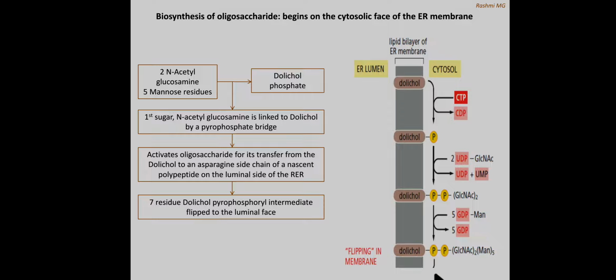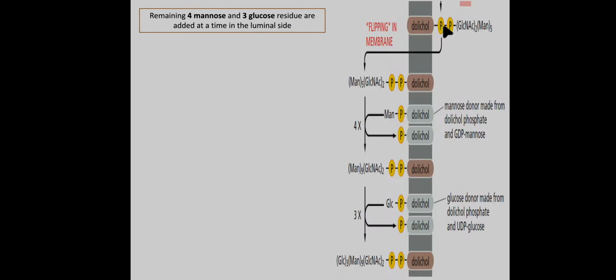So here it is in the cytosol, right? In the next image you can see that this unit will be flipped inside the ER lumen. See here, the overall unit is flipped into the ER lumen.